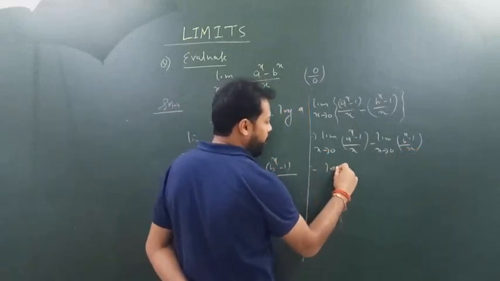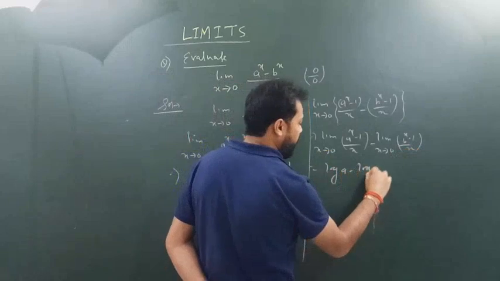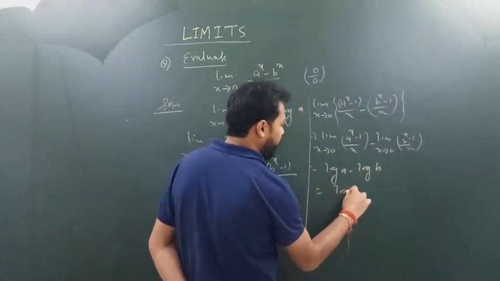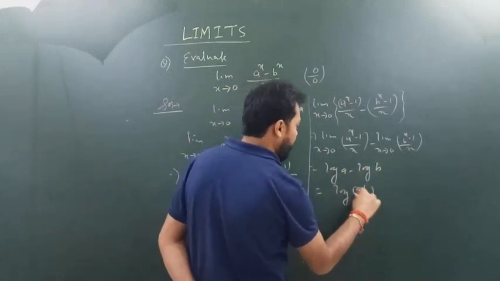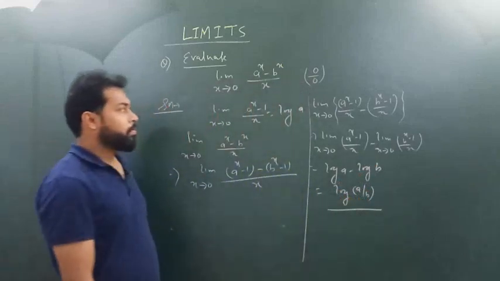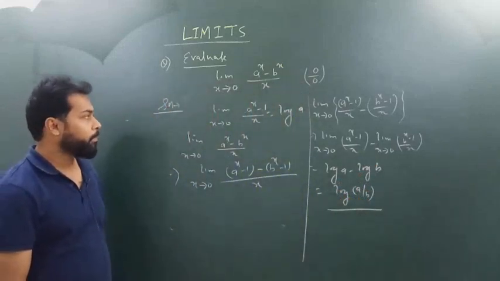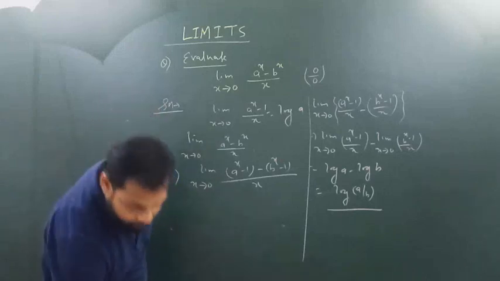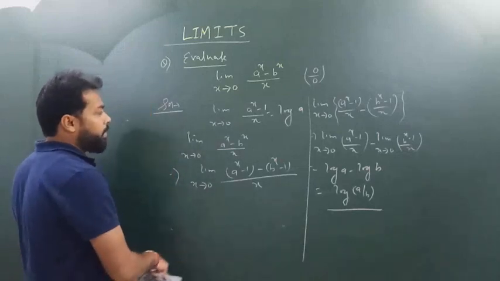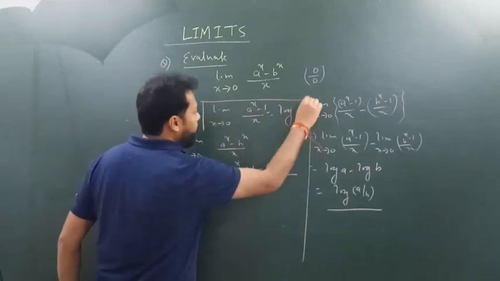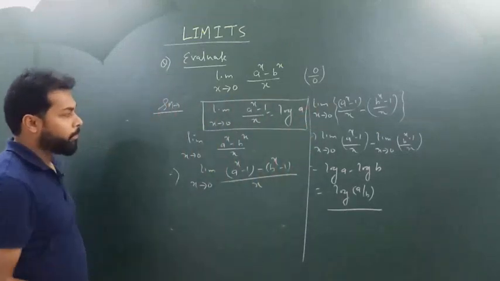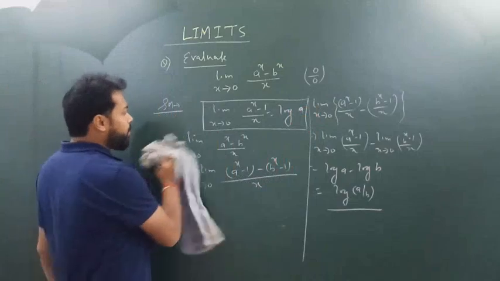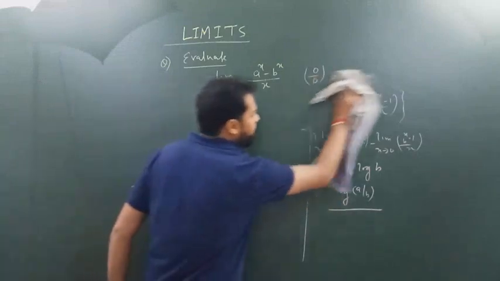So this is log a minus log b, that will give log (a/b). So the answer is log (a/b). By L'Hospital also we can solve this question, that we will do now.